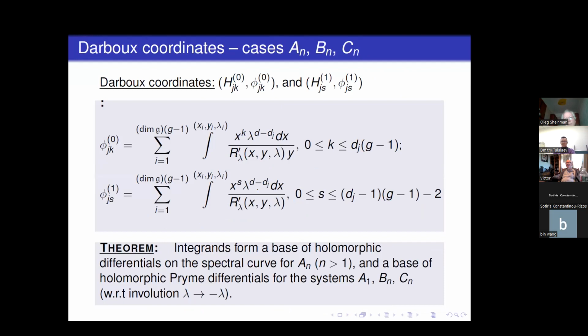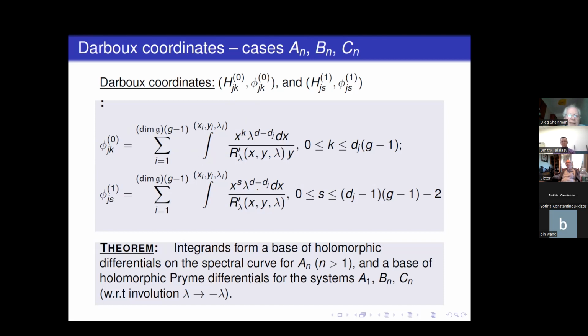Taking account of the explicit form of the spectral curve, we obtain the following explicit formulas for Darboux coordinates. These are h and phi, where phi are given by these, at first glance, complicated relations.